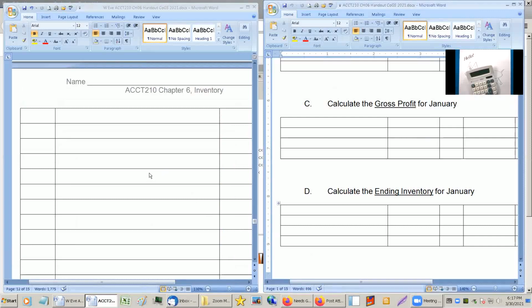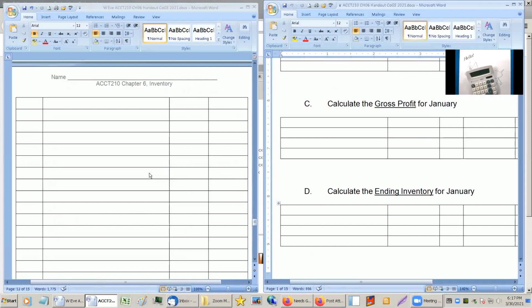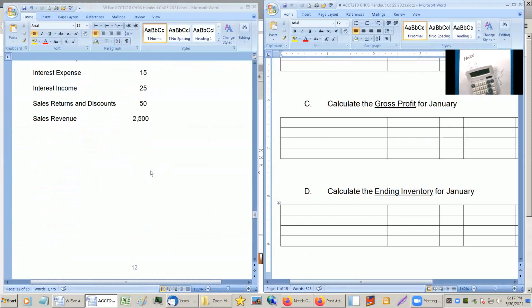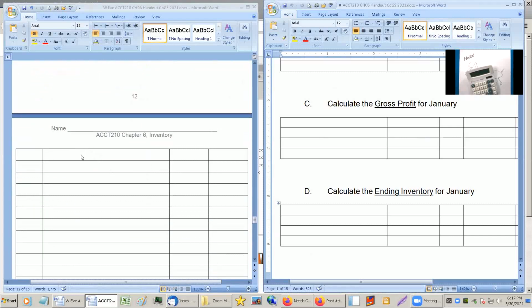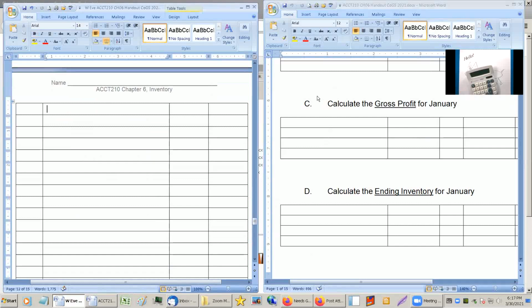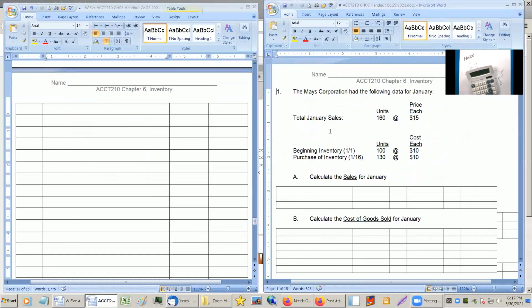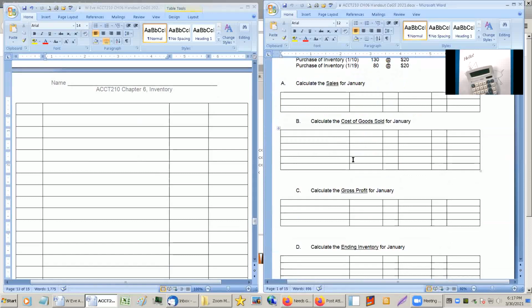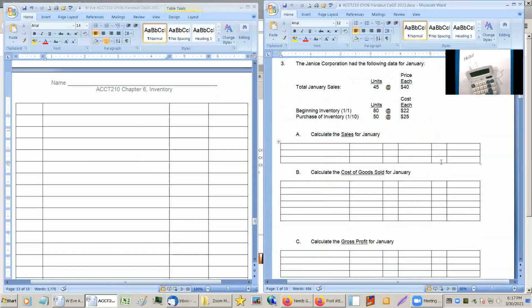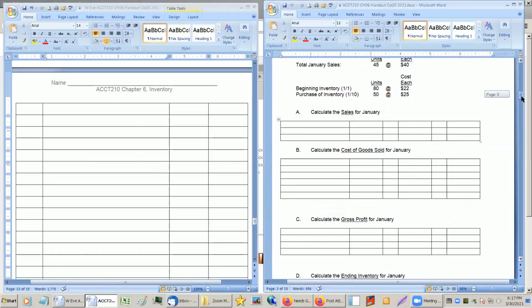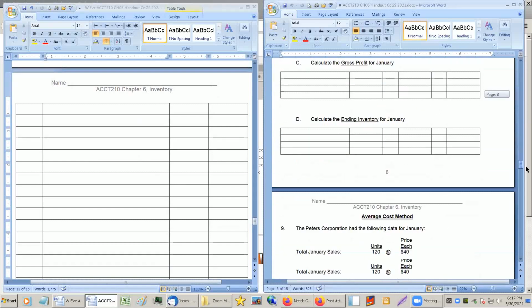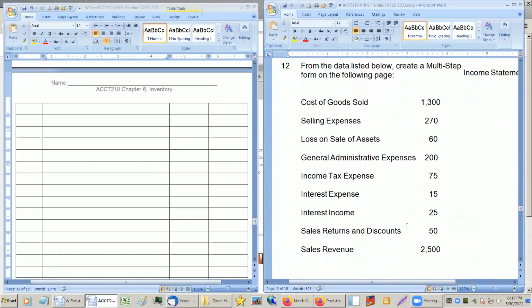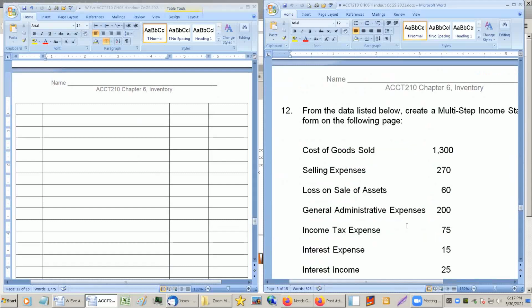Okay, so this is for problem for page 12. And over here, I'm going to have the numbers. Hopefully you guys can see those.